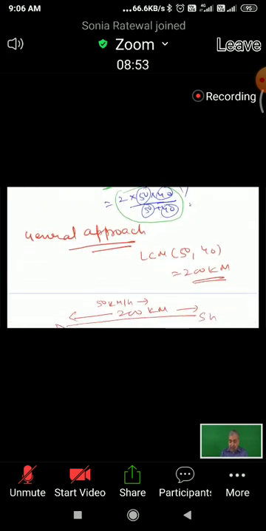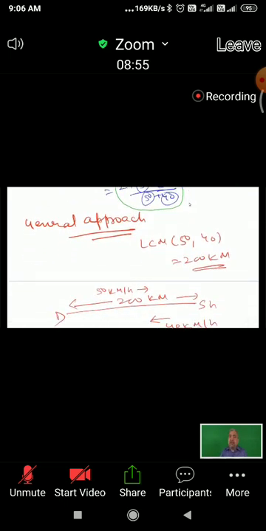In the general approach, I have told you to take some distance between the two destinations. The simplest way to take the distance is to take the LCM of the given speeds. So here, 50 and 40, the LCM is 200.